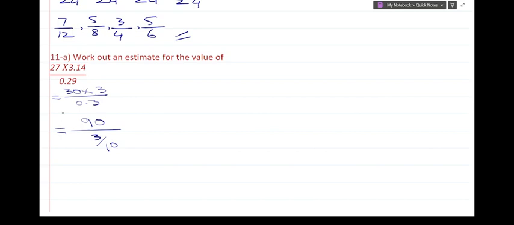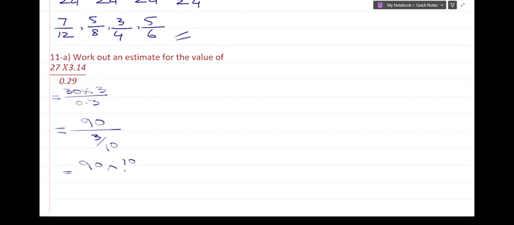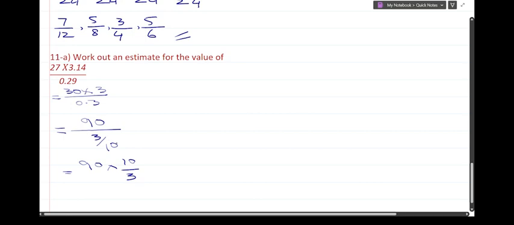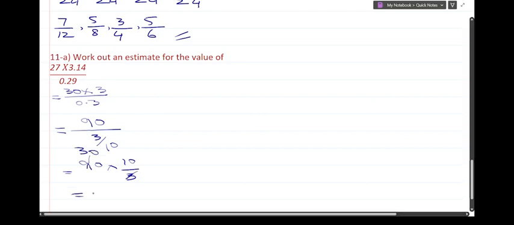Why 1 0? Because we have one digit after the decimal point. Now this 3 by 10 will become 90 times 10 by 3, because the fraction in the denominator will flip, and the result will be 300. So this is the estimated value.